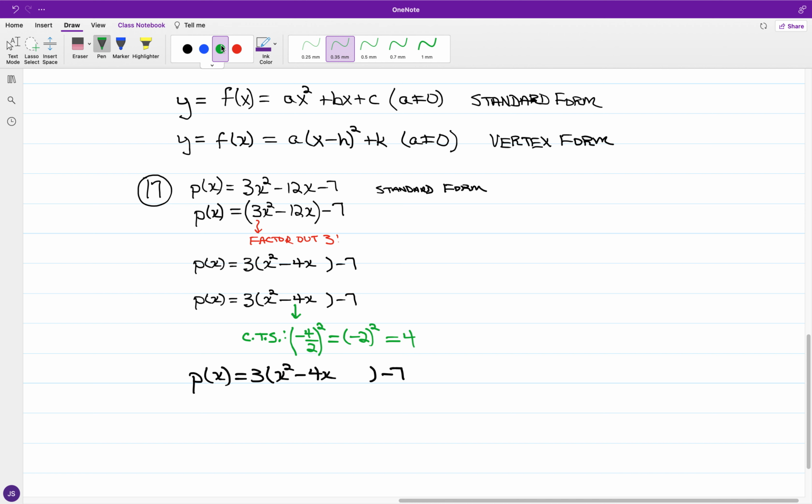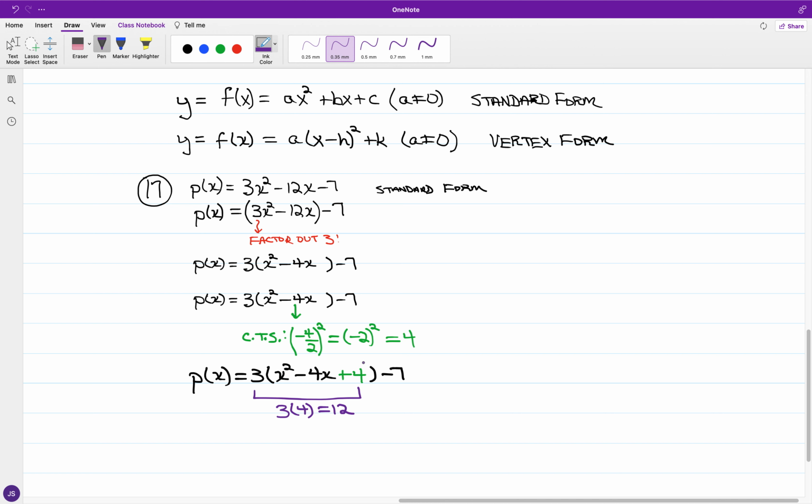I will mention that I'm adding 4 in the parentheses, but in the big picture, I'm not adding 4, thanks to the coefficient 3 on the outside. As I'm adding 4, I'm actually adding 3 times 4, which is 12.